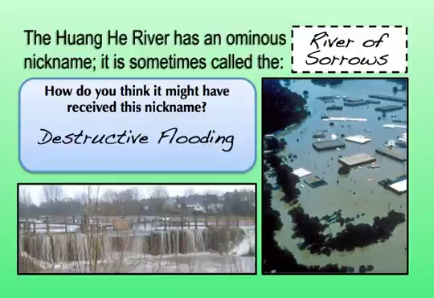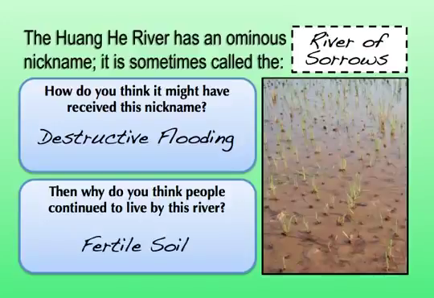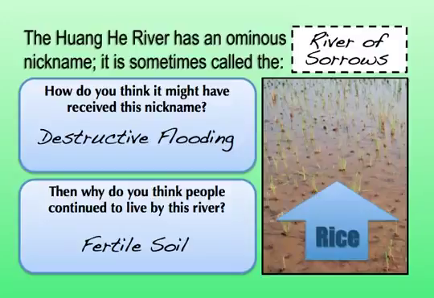So then you might ask, well, then why would people continue to live near this river? Why wouldn't they live farther away from the river so that they didn't experience all these negative effects? Well, the reason is because by living near the river, they can take advantage of the fertile soil that's deposited. There are a lot of crops, like, for example, rice, that thrive in this sort of environment.